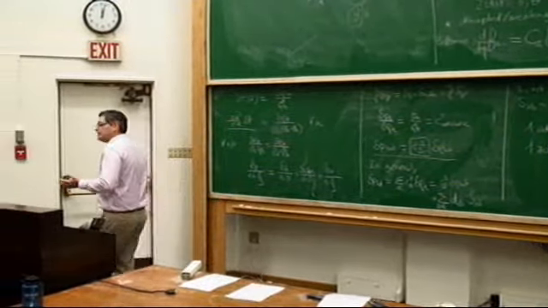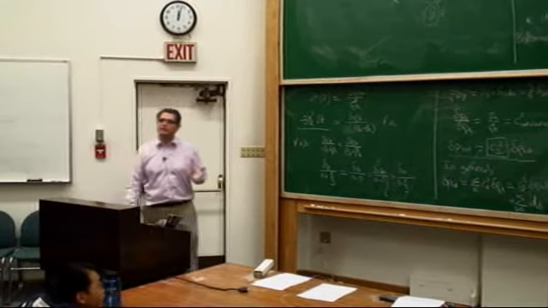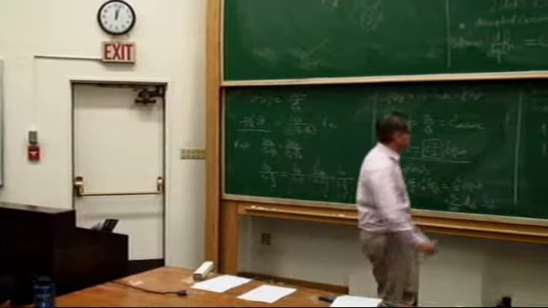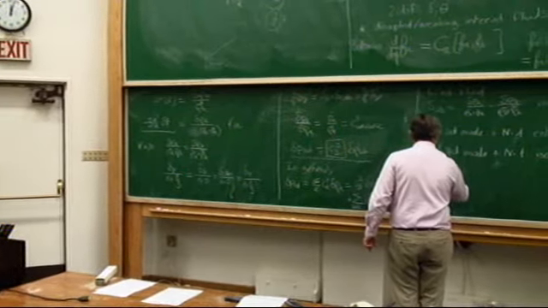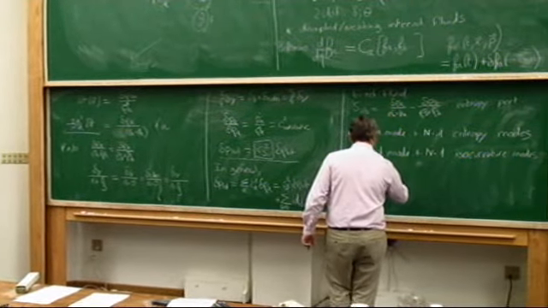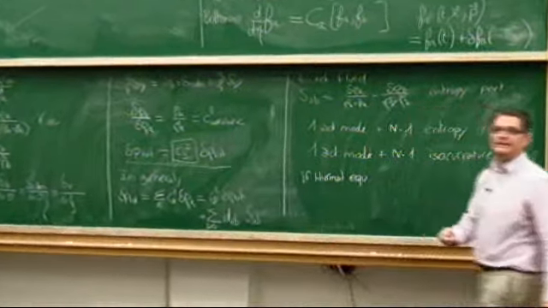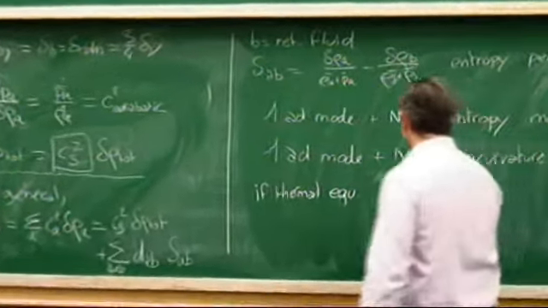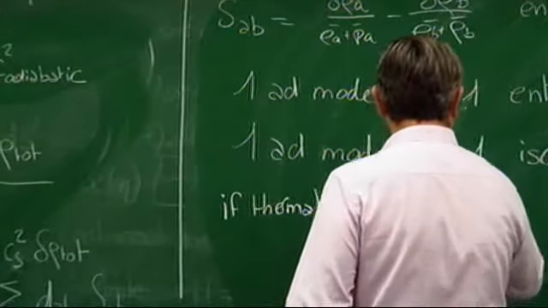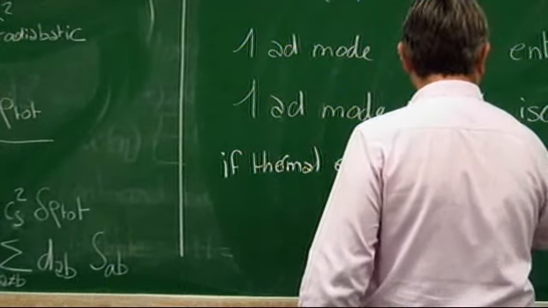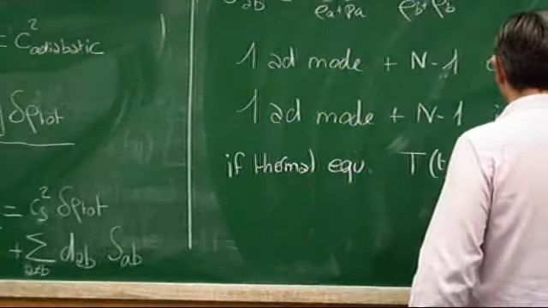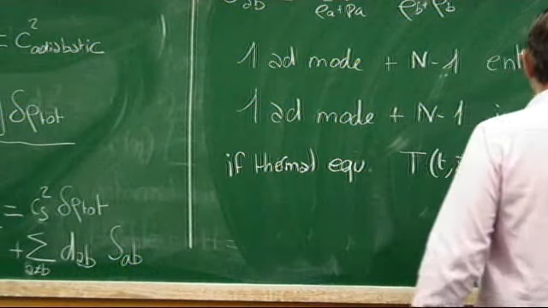Assume that all particles later are in thermal equilibrium. If you have thermal equilibrium, then all densities are related to temperature. And in a perturbed universe, temperature will be a function of t and x. So it will be equal to a background temperature times some fluctuation.